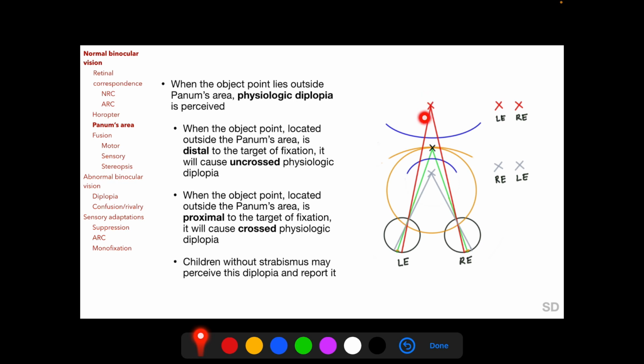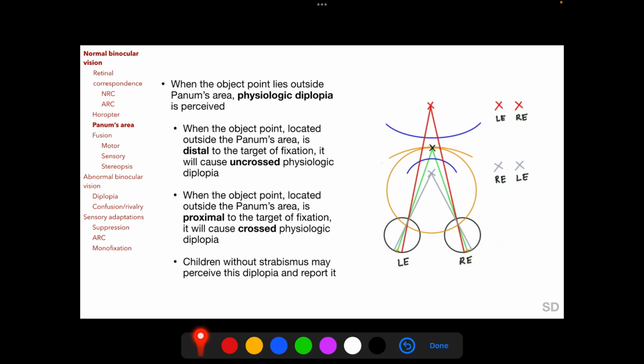When the object point located outside Panum's area is distal to the target of fixation, it will result in uncrossed physiologic diplopia. This is because that target will be stimulating retinal areas in either eye nasal to their respective fovea and thus having a sense of direction temporally.